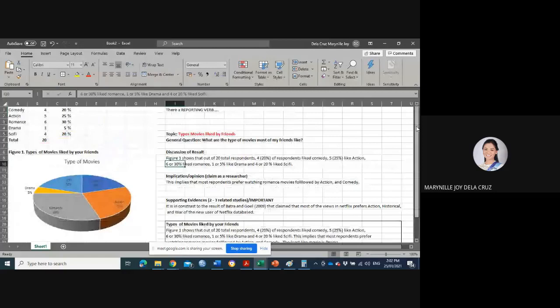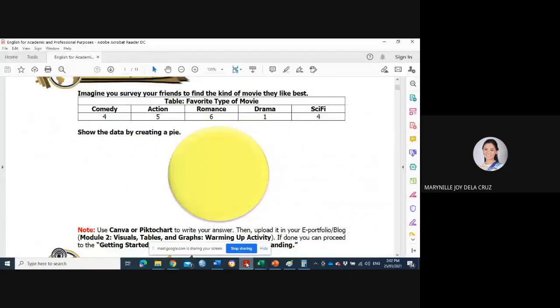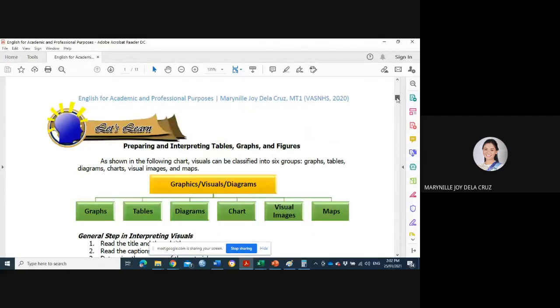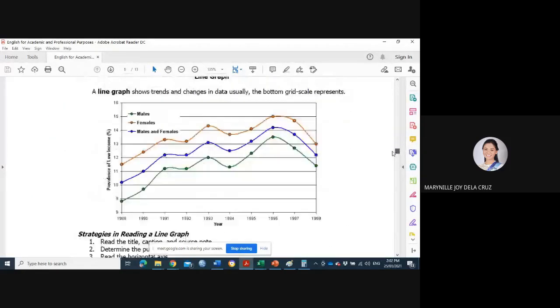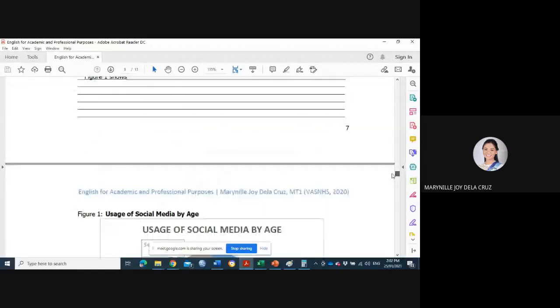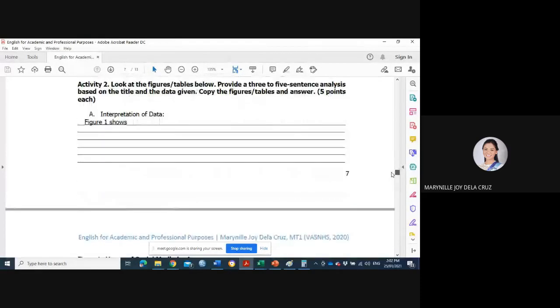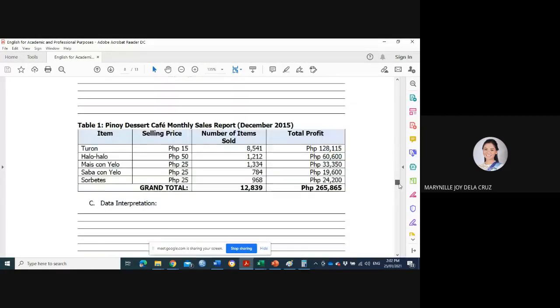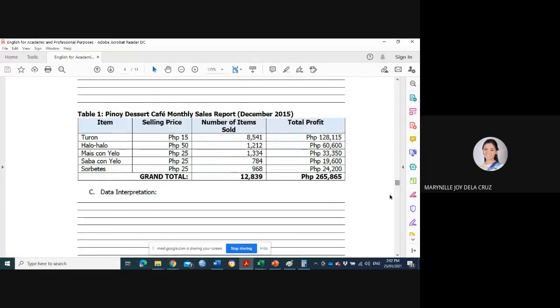Now your turn is to answer the different examples of the table I gave you here. Figure 1 shows different examples. You learn how to do that. And how about this one?